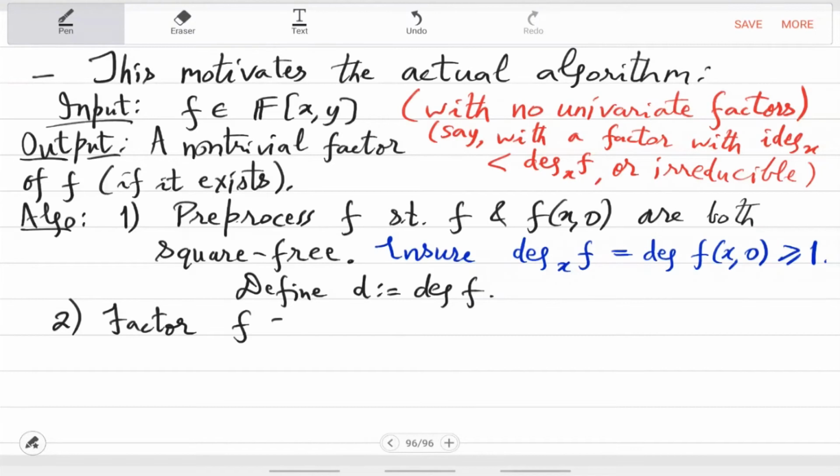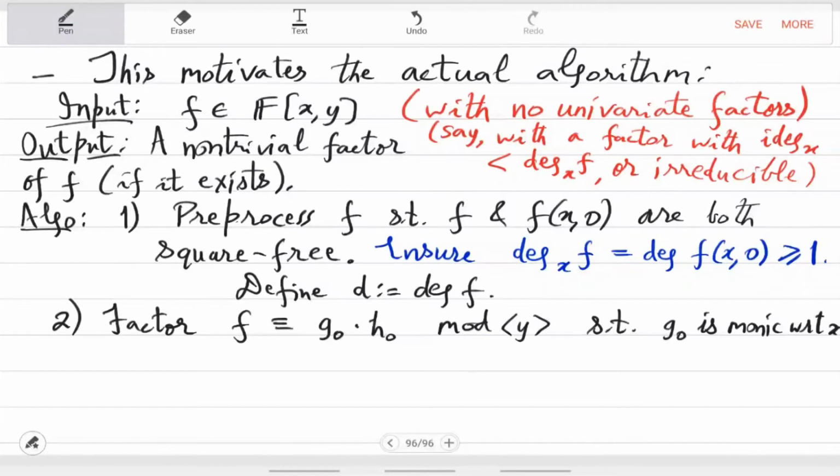It will factor f in some way mod y such that G0 is monic. There is actually no y, y has been set to 0, it is just univariate factorization with respect to x. So, you pick a monic factor, call it G0.